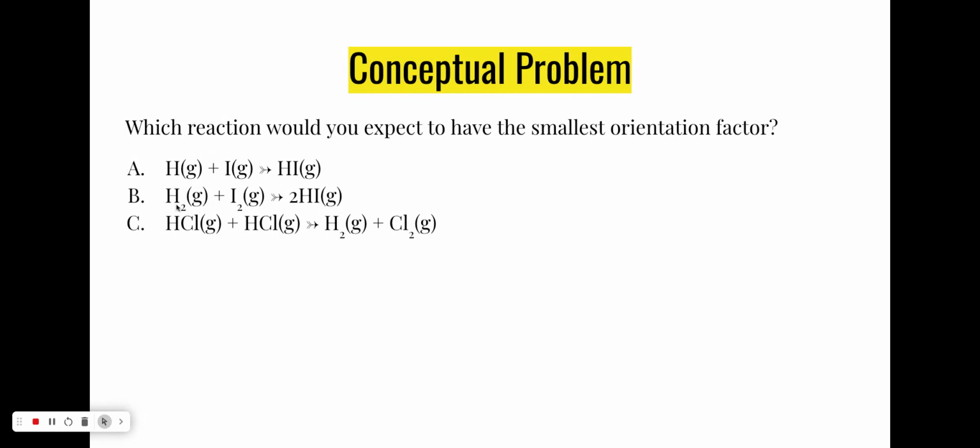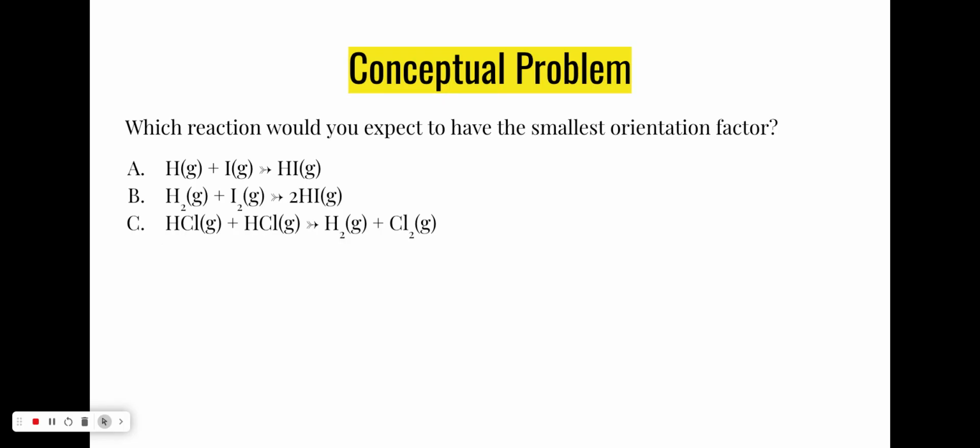In B, we have diatomic molecules reacting together. And then, of course, in C, we also have diatomic molecules reacting together. So again, the smallest orientation factor implies that the reaction would have a hard time occurring, versus an orientation factor closer to 1 would have a high chance of it occurring.